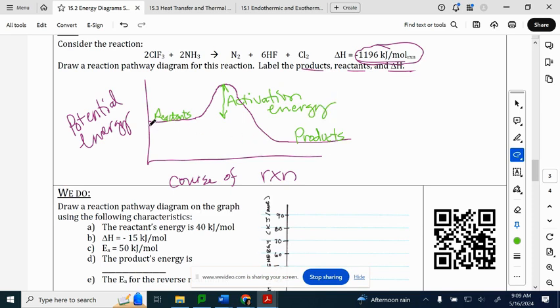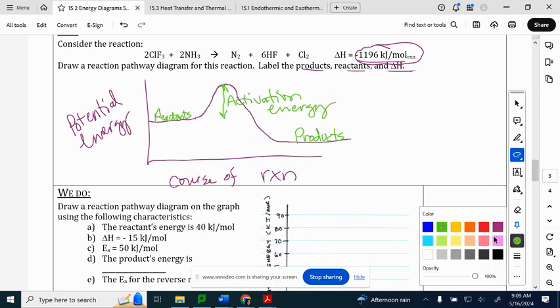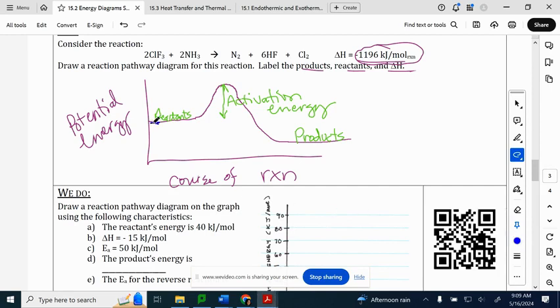Okay. And then I'm going to change colors one more time. Let's do blue. Between here and here, this I'm going to call delta H. And what value am I going to give it? Negative 196 kilojoules per mole.